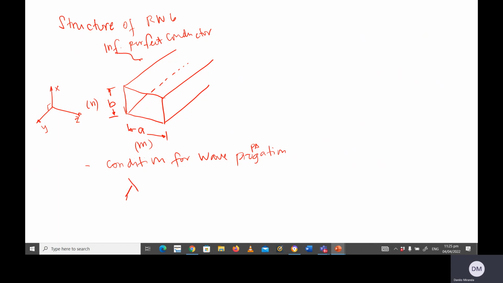Okay, so lambda C must be greater than the operating wavelength. So the cutoff, this is your cutoff wavelength, and it must be greater than your operating wavelength.